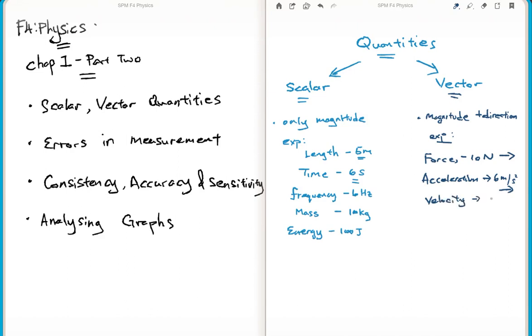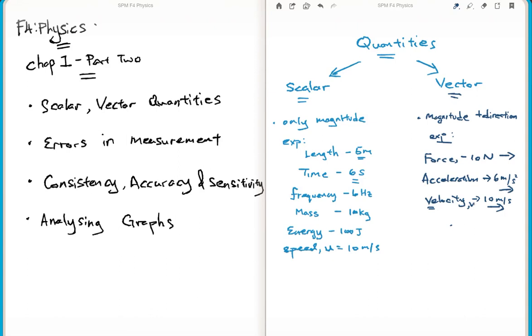Velocity, say 10 meters per second, means you have direction. Likewise, speed is a scalar. Speed, unit u, maybe 10 meters per second, whereas velocity, small v, tells direction.